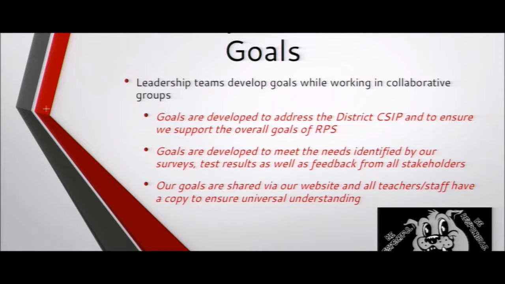We do surveys throughout the year, whether it's a beginning of the year survey, a survey that questions parents at third quarter conferences, or just a PTO survey. We want to know what our parents and our patrons feel we need to work on, and also what's going well. So those are the components that we use as we put together our school improvement plan.